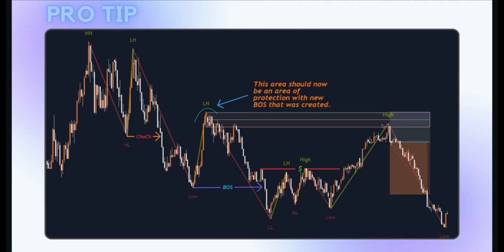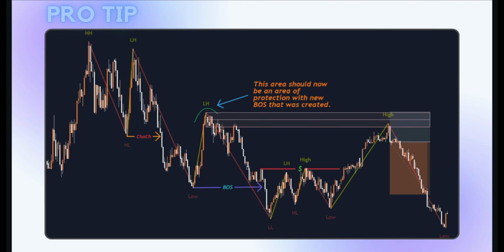Now, why would I enter from here? Well, when price created this break of structure, this high should in theory now be a high of protection. Price should not go past this new high that was created here, or this lower high. So if you are doing counter-trend trading, this would be one way to do it, okay?